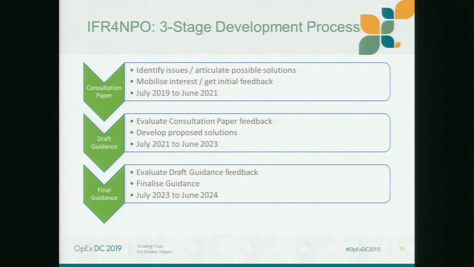Sam will talk about that. Then move into the more formal development of guidance through draft guidance and exposure draft. That will take us through the period 2021 to 2023, and then finalise that guidance. So that's the 3-stage process.